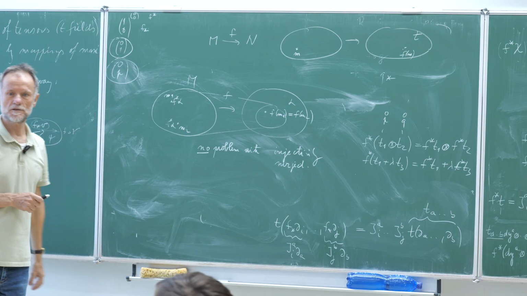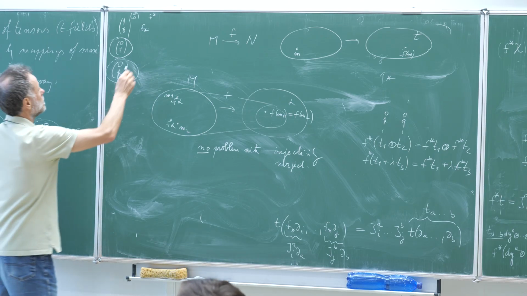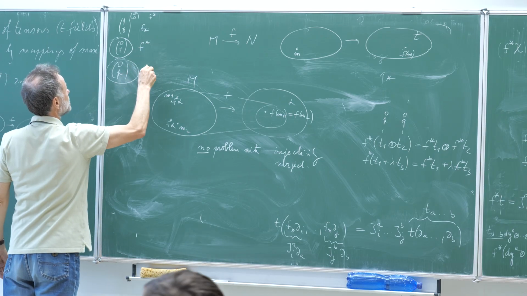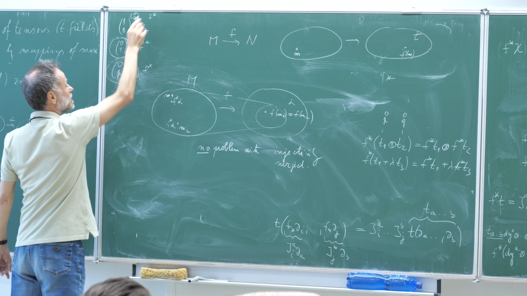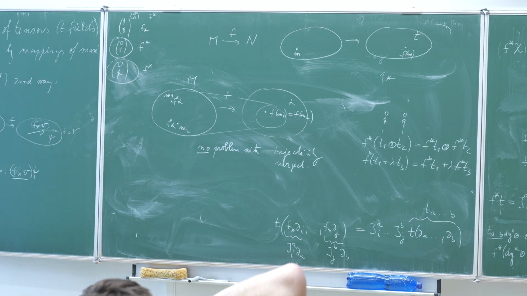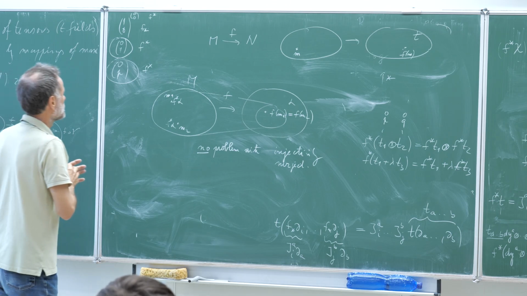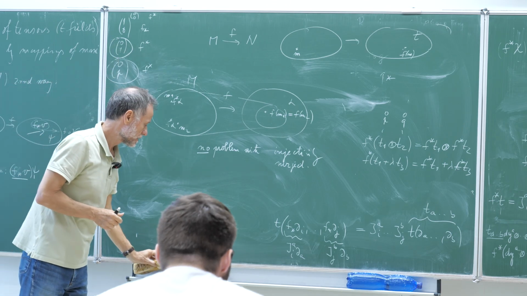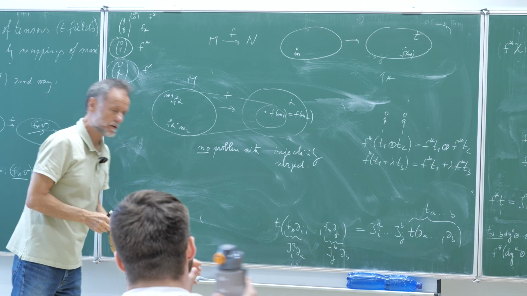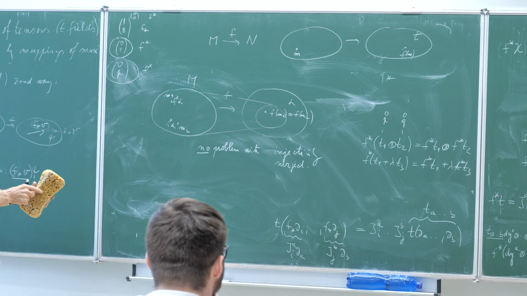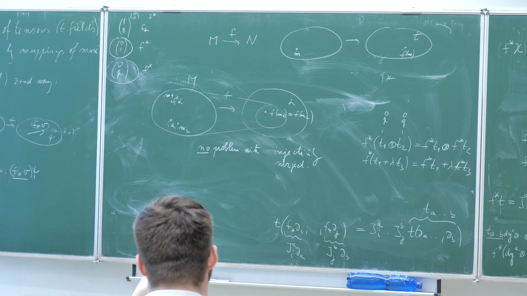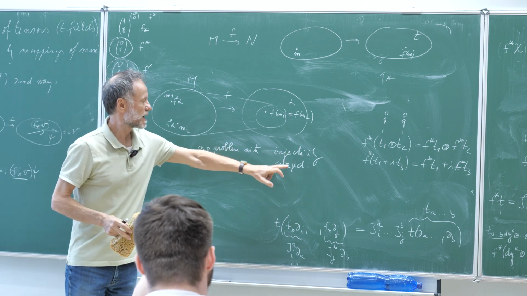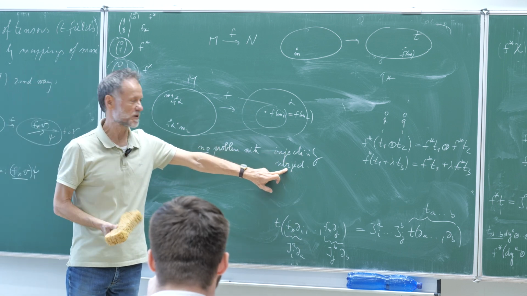So, as I already told, here is pullback, here is pullback. Also, functions were pulled back. Pullback never had any problem, and push forward can have problems. But you can do both pullbacks and push forwards if these two problems are not present. What does it mean?